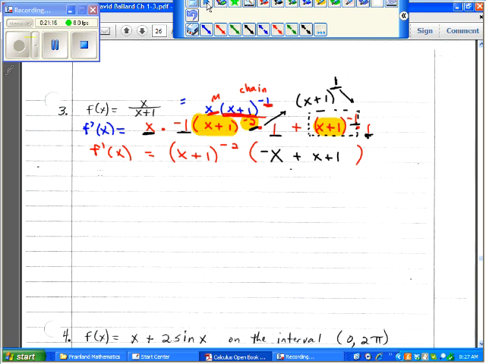Okay? These go out. This goes down. So we're going to have f prime of x is that 1 right there, because the x's went out, over, because this goes down, x plus 1 to the second power. Okay? Let's see how we got that.